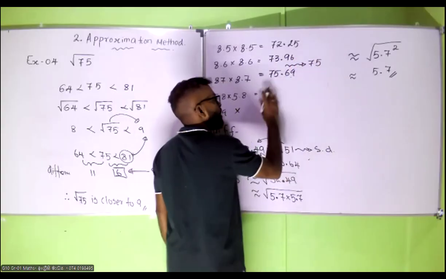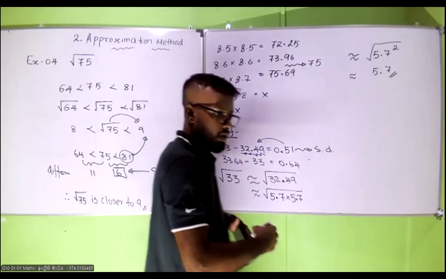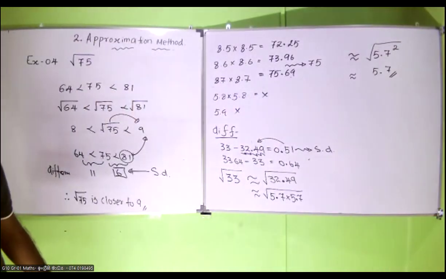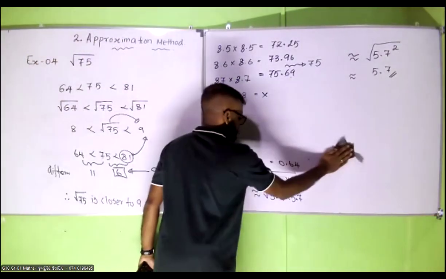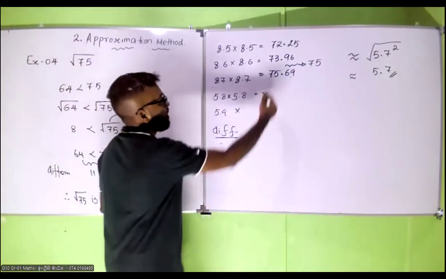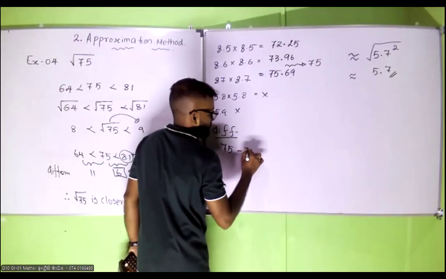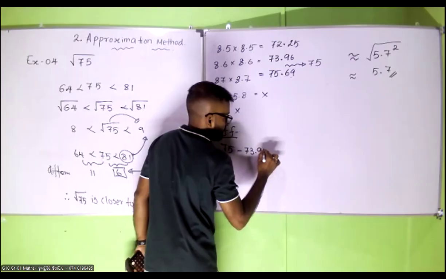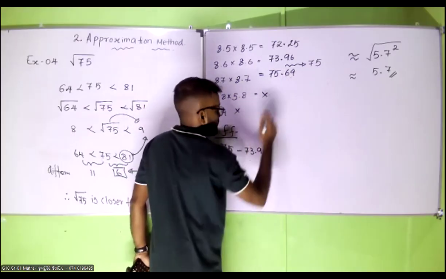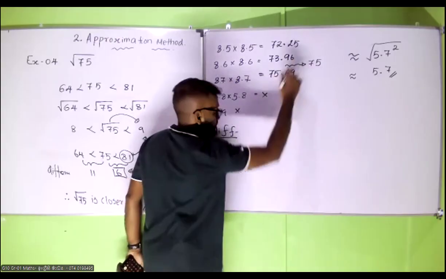In between these two, you have 75. So now find the difference. 75 minus 73.96. Then on the other hand, 75.69 minus 75.